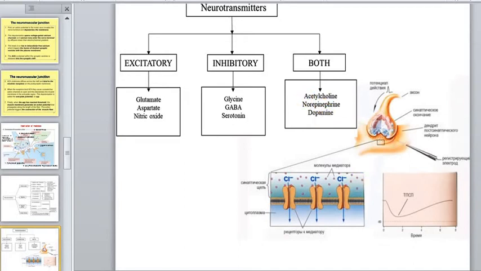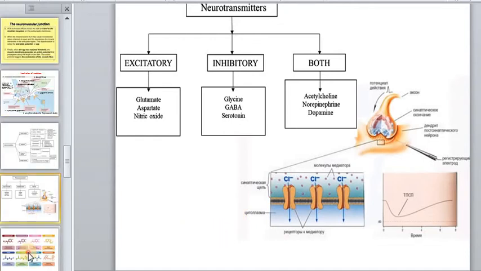Whether the neurotransmitter is excitatory or inhibitory depends on the receptor it binds to on the postsynaptic neuron. Some neurotransmitters can be both excitatory and inhibitory, and some can activate multiple receptors, as there is not just one receptor for each type of neurotransmitter.